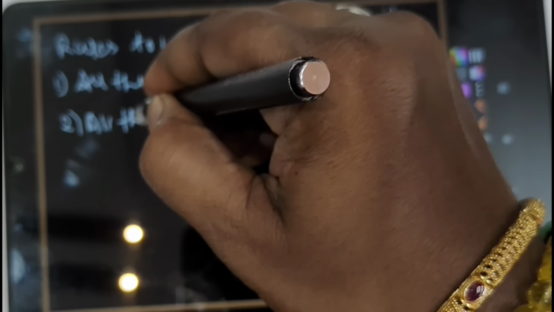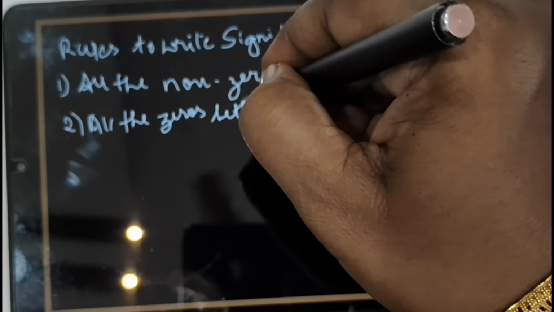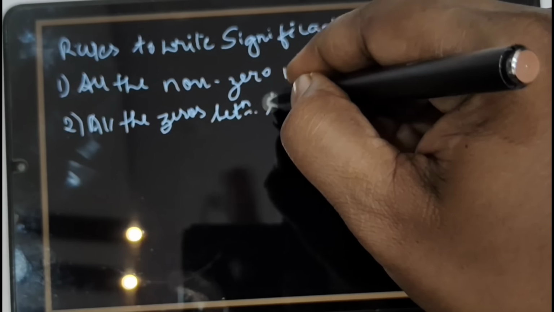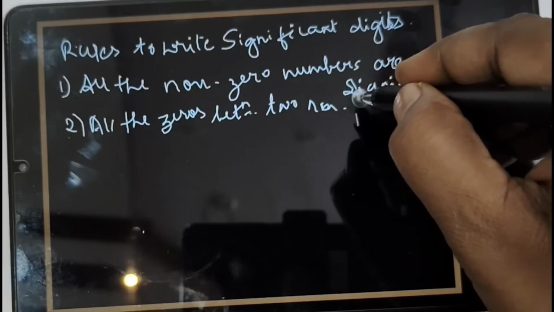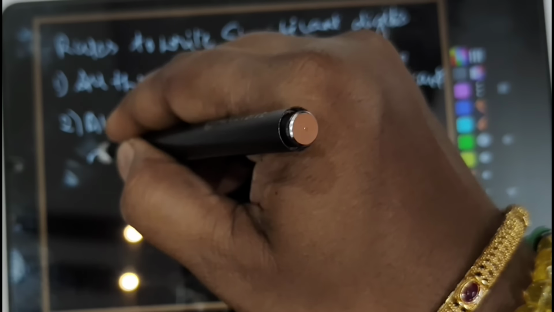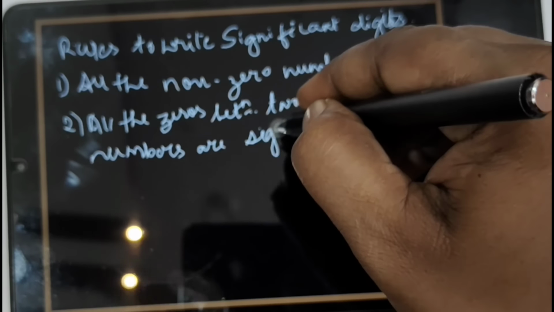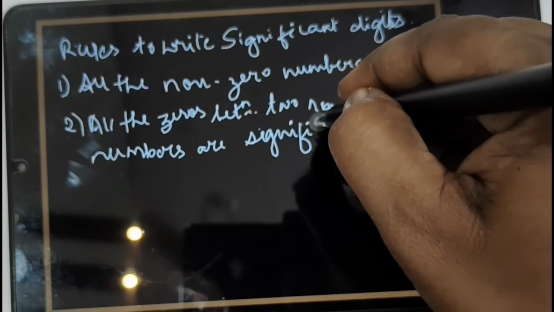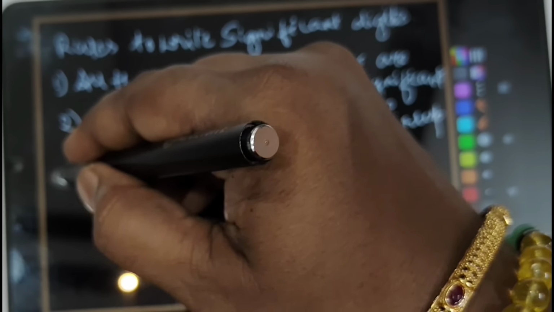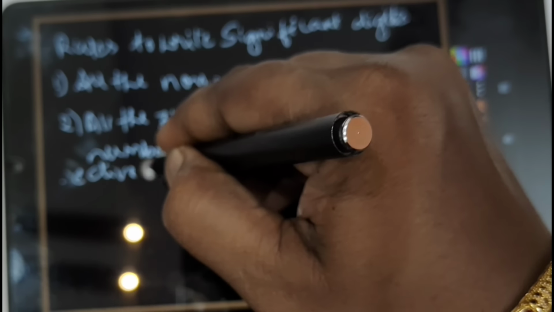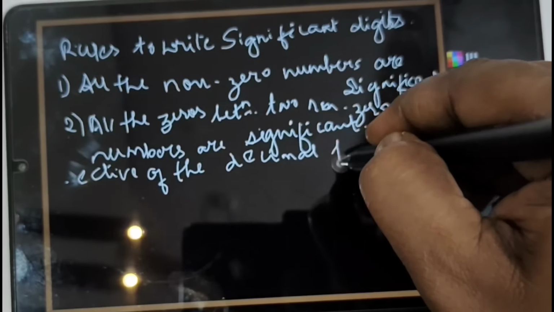All the zeros between two non-zero numbers are significant, irrespective of the decimal point.